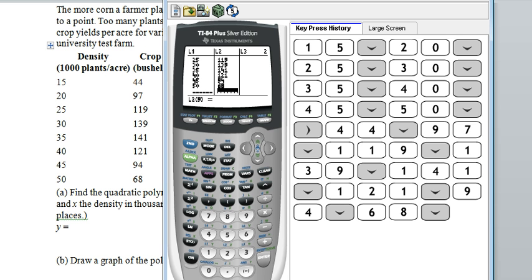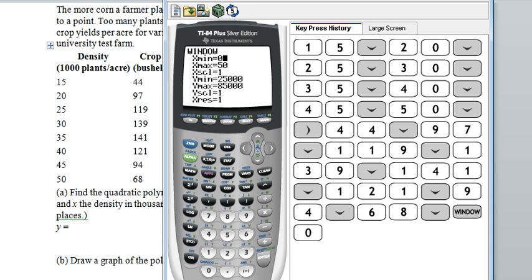And so let's go into the window screen and let's change X min to 0, X max to 150. I'm sorry, I'm looking at the wrong side.